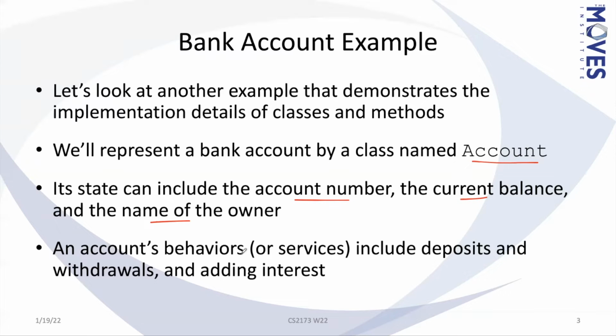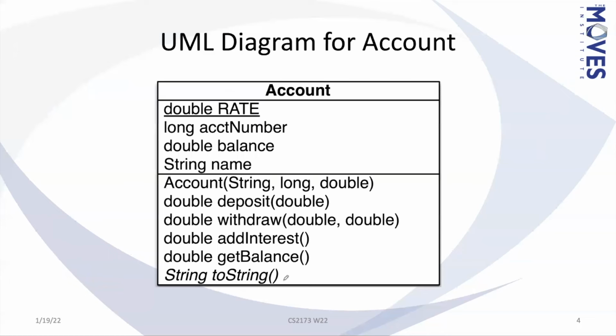Now, we talked about methods being behaviors or services, and basically there are going to be three. We're going to deposit, we're going to withdraw, and we're going to add interest. Okay, so those are the three behaviors. So when we're designing a class, this is something which is useful when you're designing a class from scratch.